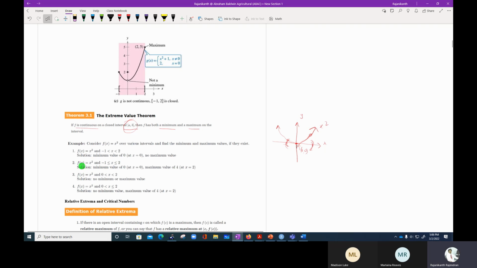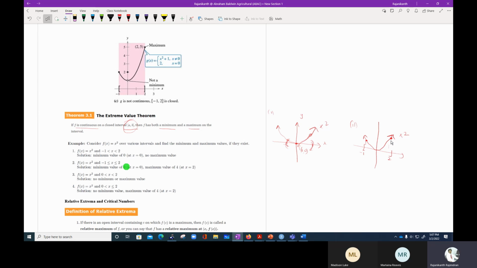Now this one, case number 2. That was for number 1. Number 2, again, we are considering the same x squared curve. Now the given domain is a closed interval, right? The function is now defined, so you will find one point here and there as well.